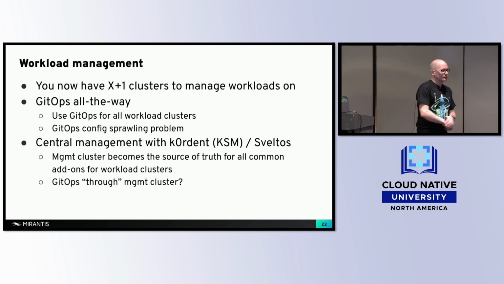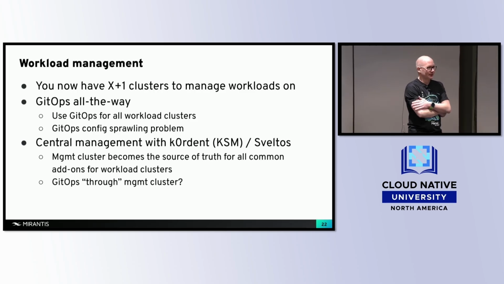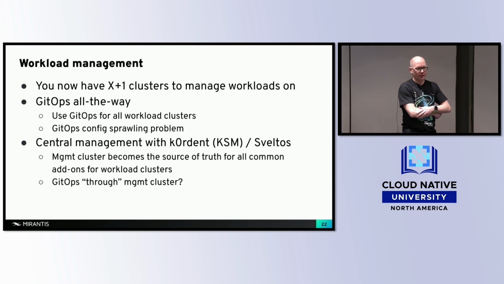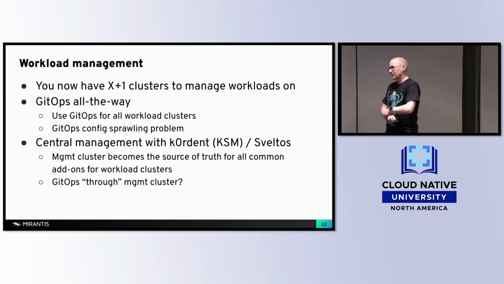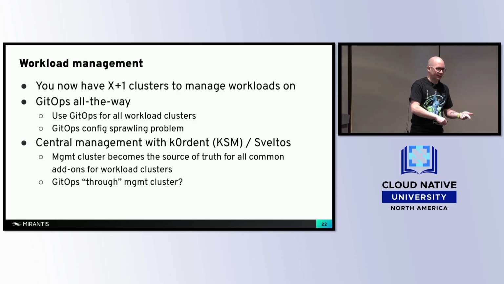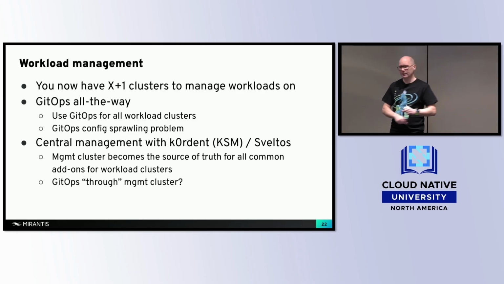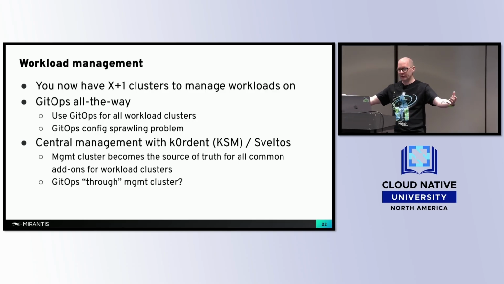OK, so we now have n+2 clusters at our hands. How the hell do we manage workloads on all of those clusters? Well, CAPI does have a concept called the cluster resource set, which you could use to deploy things on multiple clusters.